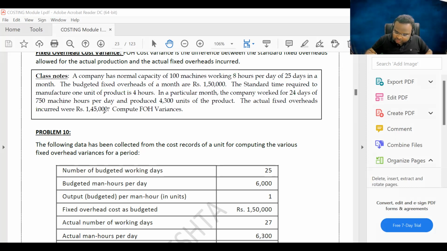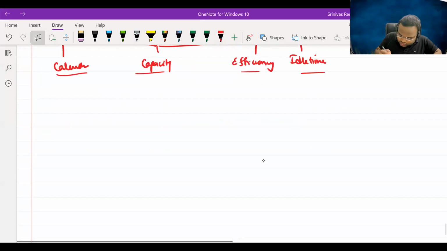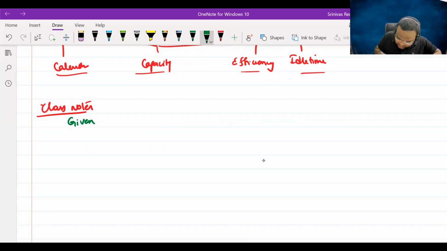Okay. Now see clearly. So class notes question I'm doing. Given first, you write down whatever is given. Budget fixed overhead 1,50,000.